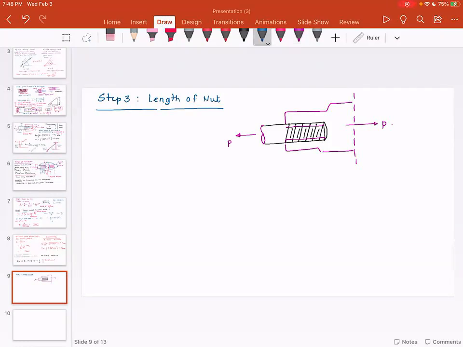So there are two ways this can fail. This could actually crush at the interface.